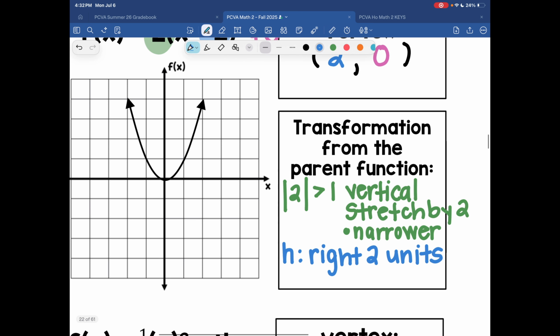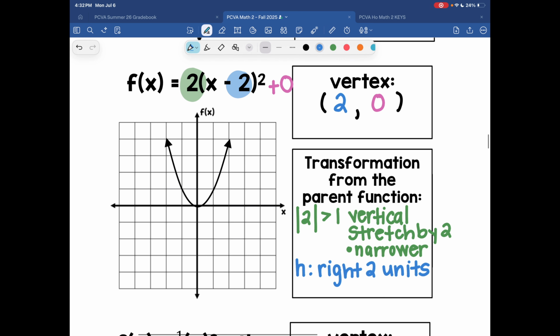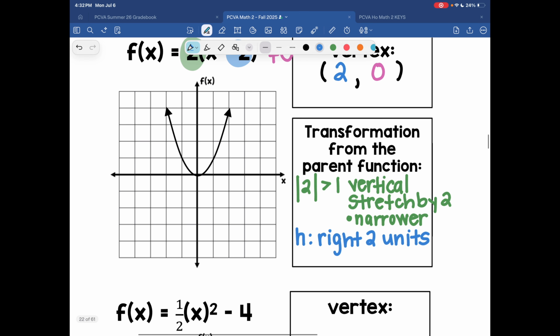We have a process to graph this. So we're going to do it in a couple of steps. We're always going to start with the a value. So we're going to start with the original, and we're going to start by multiplying the y by the a value. So it is a vertical stretch.